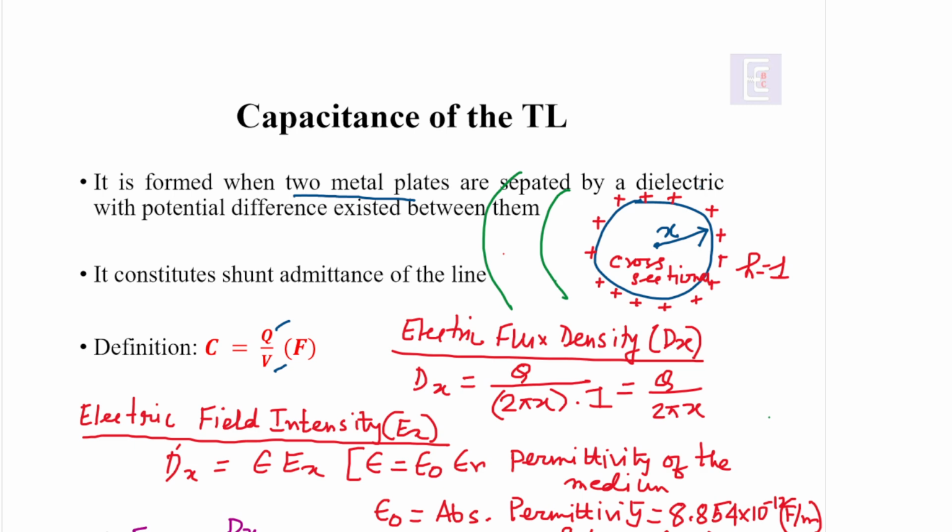One is located at a distance d1 and another one is located at a distance of d2. This is surface number 1, this is surface number 2. And one charge has been brought from surface number 2 to surface number 1.